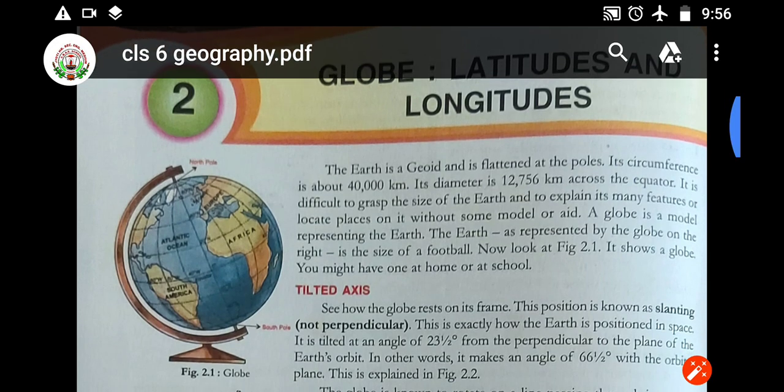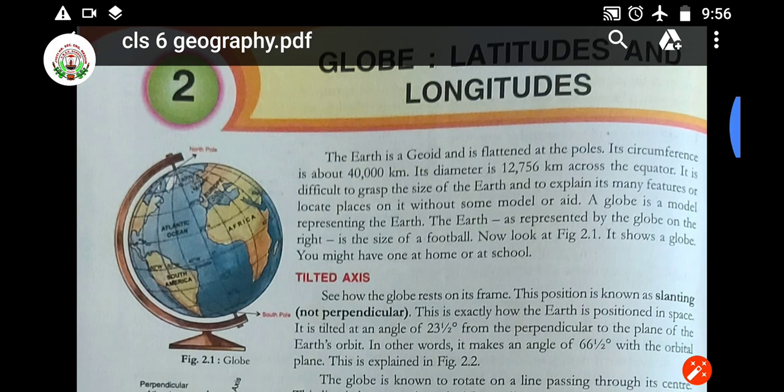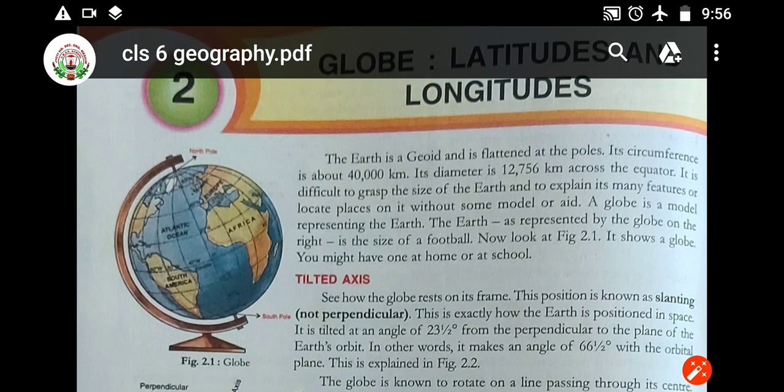It is difficult to grasp the size of the earth and to explain its many features or locate places on it without some model or aid. Definitely, without having any kind of actual features, we are not able to locate places or find out about the earth.